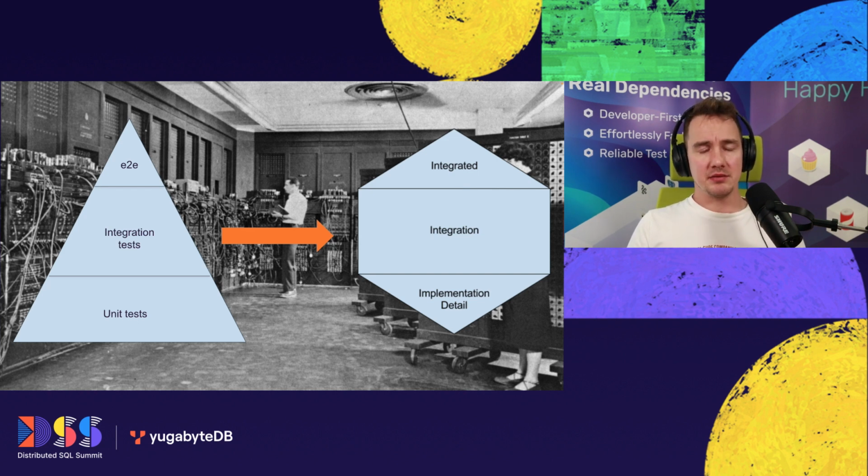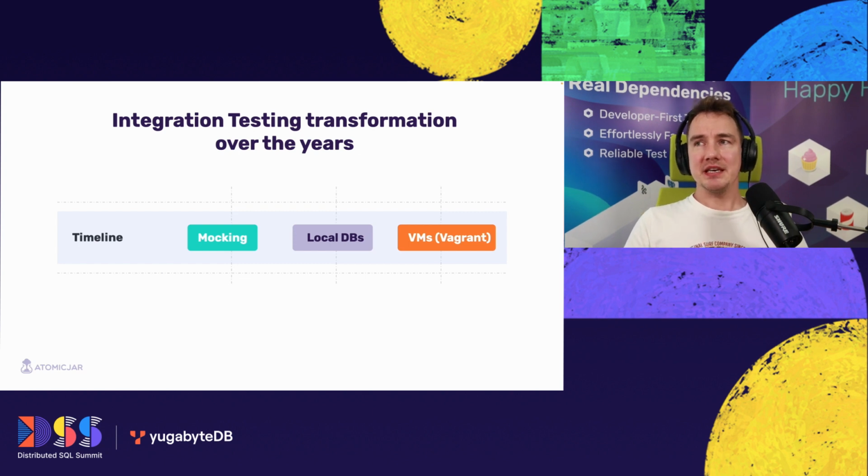And why is that move happening? Because in the past, for the integration tests, we relied on approaches like mocking the external dependencies or installing everything locally, which was error-prone, hard to handle universally across the team, fairly difficult to implement consistently in your local environments and CI, and that just didn't work very reliably.